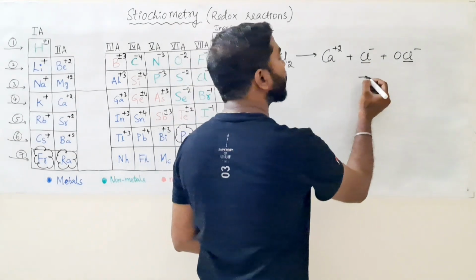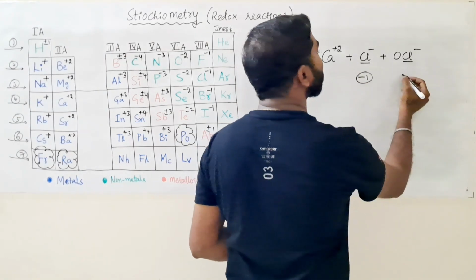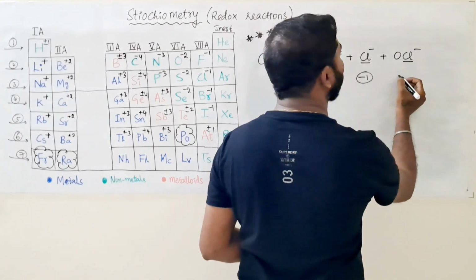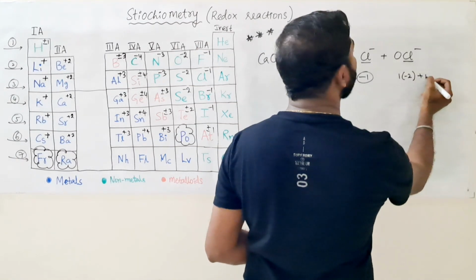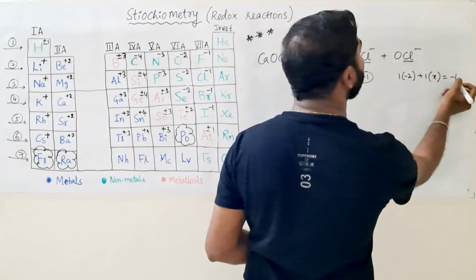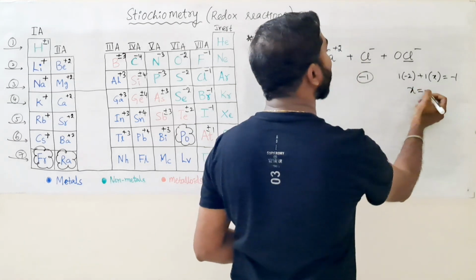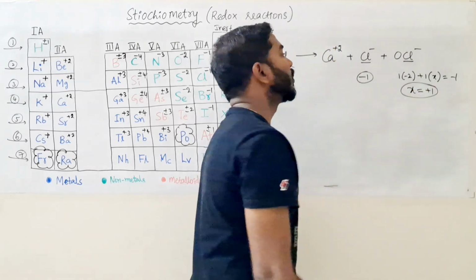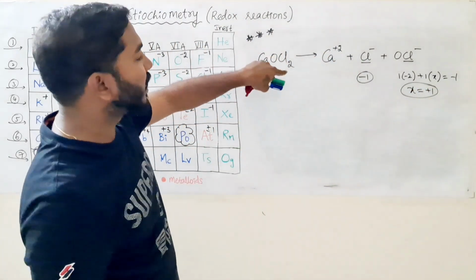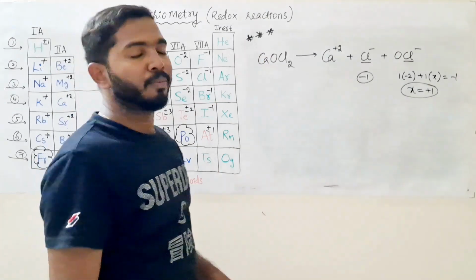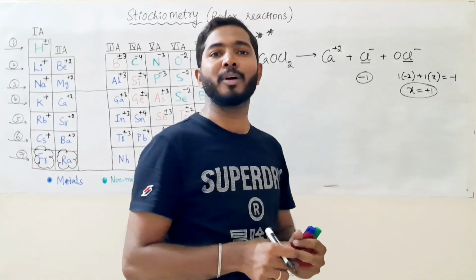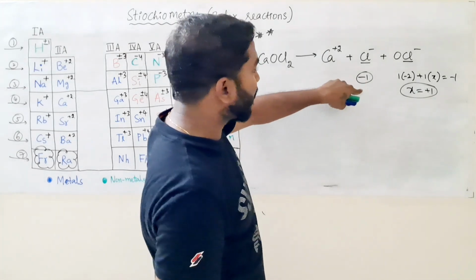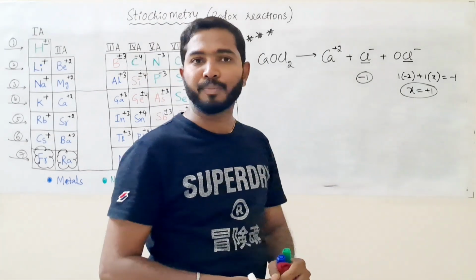In Cl minus it is minus 1. In OCl minus, we need to calculate: 1 oxygen we have, for each oxygen minus 2, and 1 chlorine we need to find out, and the total is minus 1. So x is going to come out as plus 1. So what is the oxidation number of chlorine in bleaching powder? We have 2 oxidation numbers possible, that is plus 1 and minus 1.